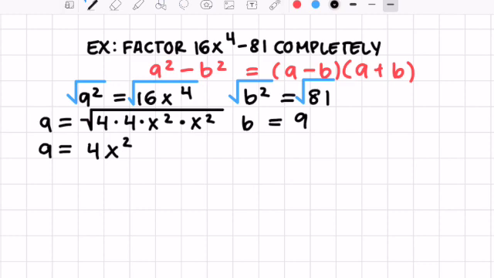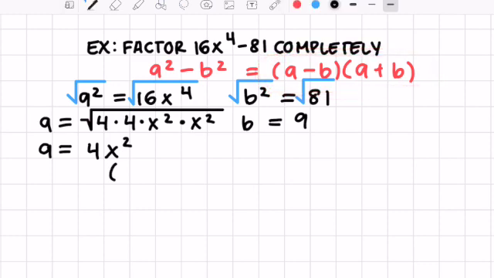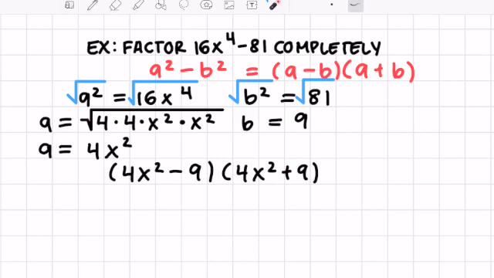And so I can finally write my new factor, which is 4x to the power of 2 minus 9 and 4x to the power 2 plus 9. Now the important part is not to stop there, because we need to check to make sure everything is not square rootable, especially if you still have a negative sign in between two terms.